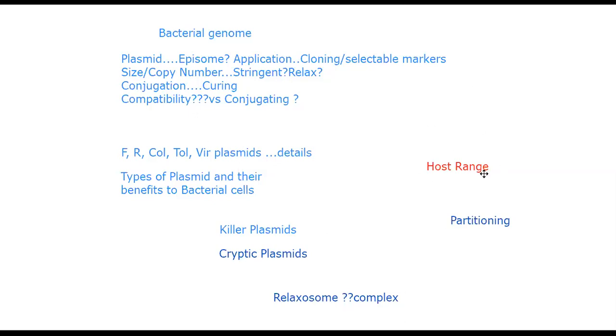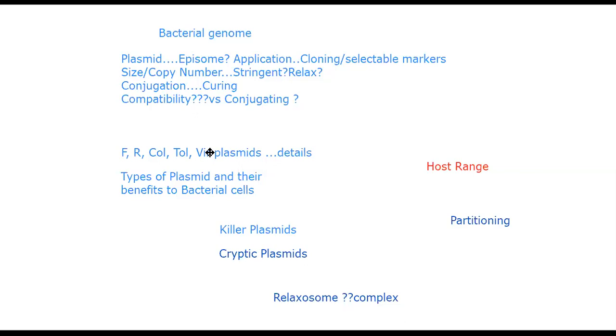Now this is another important point: what is host range? For example, take one plasmid, an R plasmid or F plasmid or any one, for example, this Vir plasmid. Virulence plasmids are known to be found in only a limited group of bacteria.